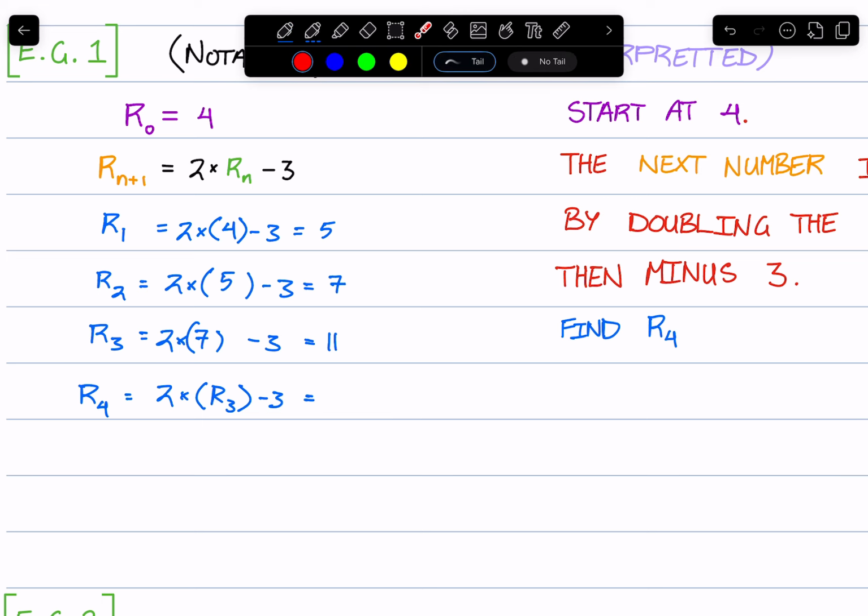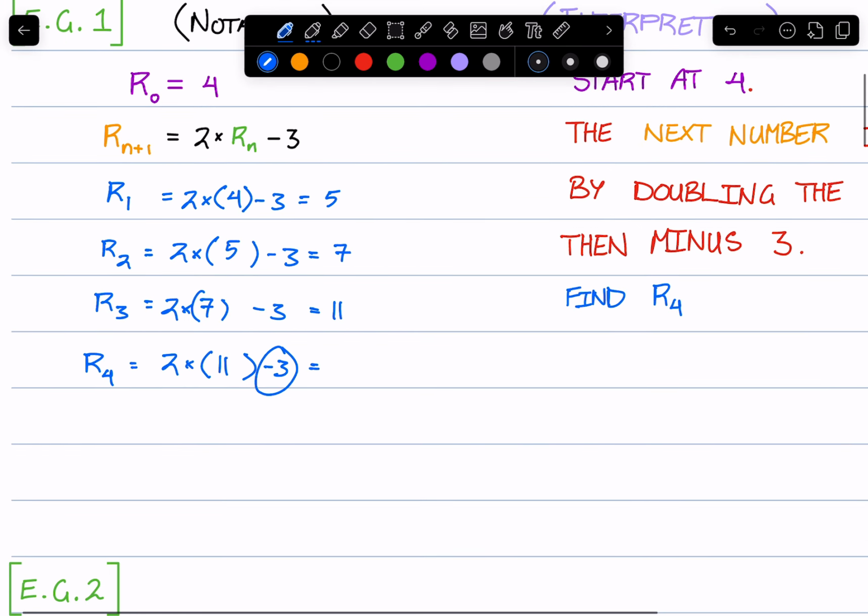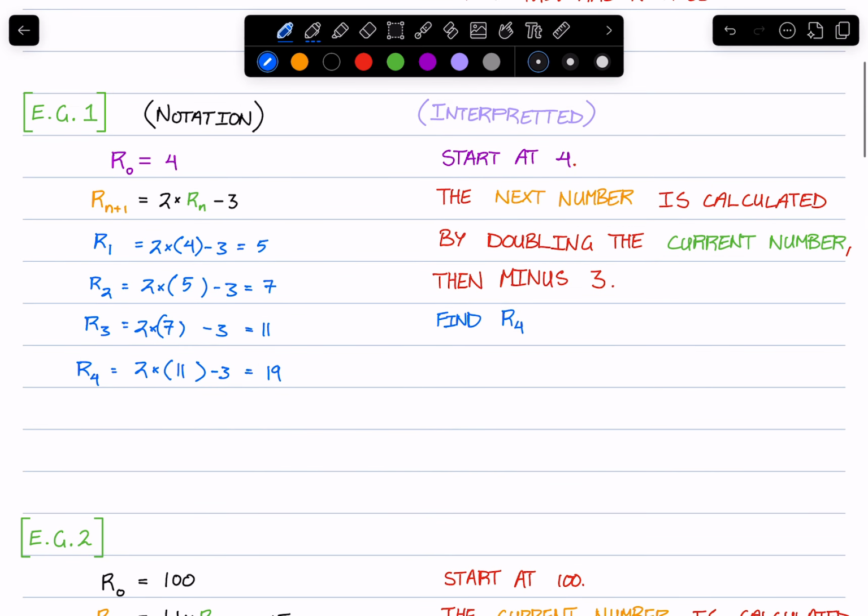And remember, we take the result of the previous and we put it back into the exact same formula. So this becomes 2 times 11 is 22. 22 minus 3 gives us 19. Since this question says find R4, we can say that R4 is equal to 19. Obviously this can repeat as many times as needed, but for this demonstration, we're stopping at R4.